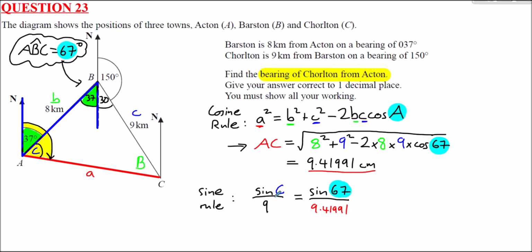So if we now multiply by 9 on both sides and do sine minus 1 of it, C is going to be sine minus 1 of all of this multiplied by 9. So 9 times sine 67, all divided by 9.41991.